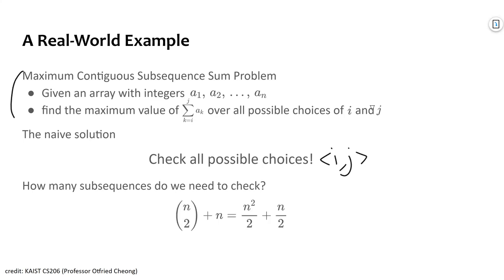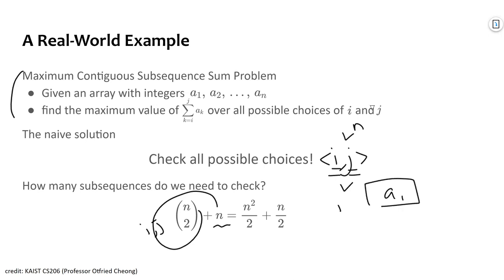This is quite easy. The answer is we need to choose two numbers, i and j, between 1 and n. So that is this one, choosing two numbers, i and j. And this n corresponds to just a single number. So if we say A1 is the maximum subsequence sum, that means i and j are both 1.